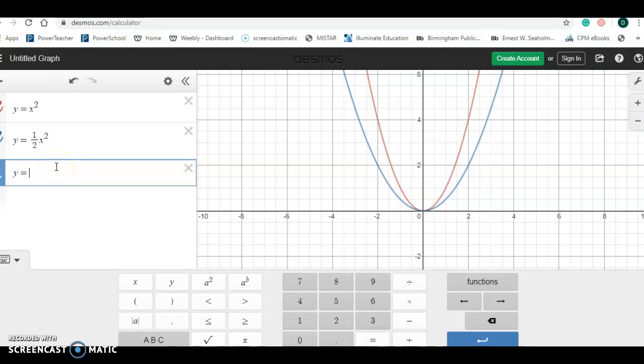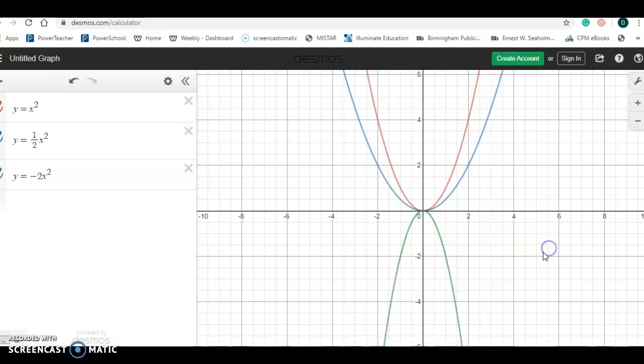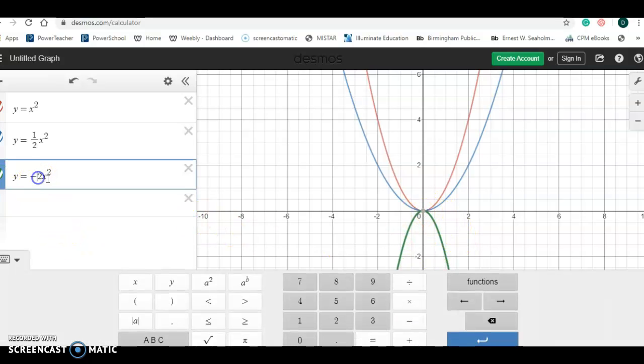Y equals -2x, and square that. So you can see here, when we're looking at these, here's my standard form of y equals x squared. Here was y equals 1/2 x squared. You can see how it's wider. It's hard to see this one because it is opening down, but if I did it with a positive, you can see where it is narrower than that x squared.